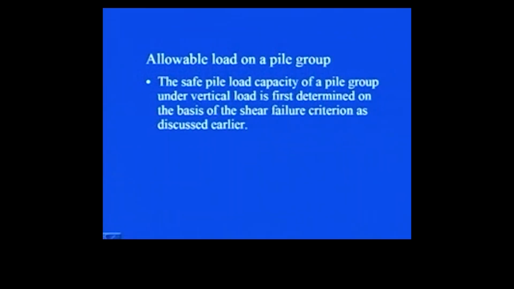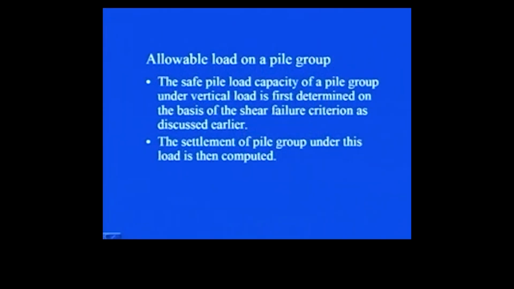The safe pile load capacity of a pile group under vertical load is first determined on the basis of shear failure criteria as discussed earlier. We have seen how you can find out the ultimate load capacity of the pile group, and then simply you divide it by factor of safety, that will give you safe pile load capacity as you already did in case of individual pile.